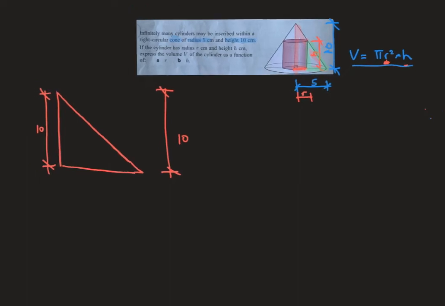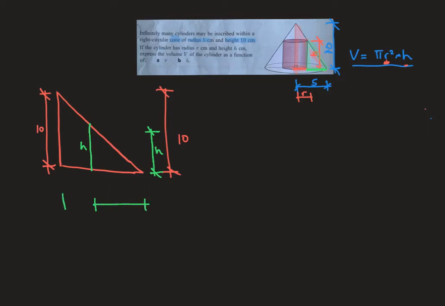I'm just going to approximately draw a line here, and I'm going to label this h.